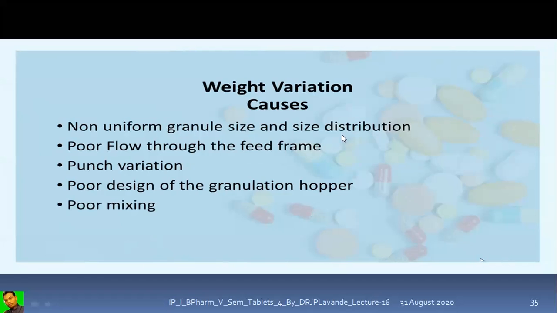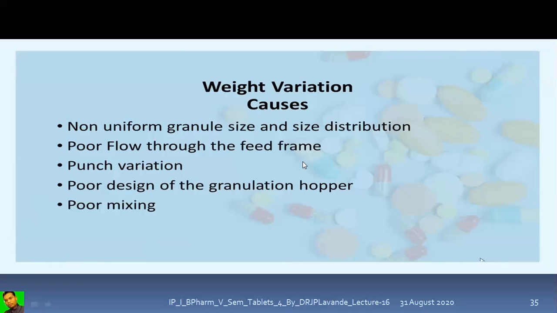And size distribution: we want the distribution of proper size. They should be properly rounded ones, right? They should not be irregularly shaped granules. That will lead to weight variation, because the intergranular spaces affect the overall weight variation.